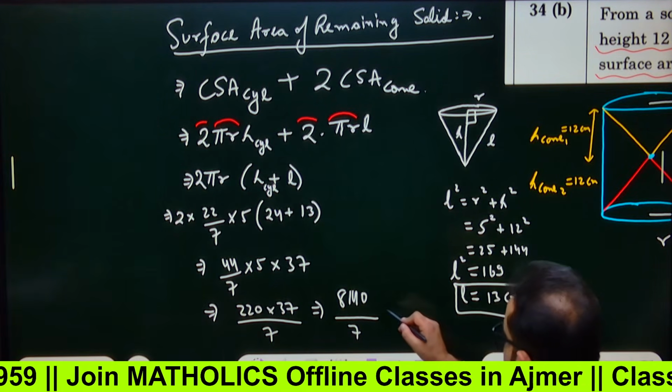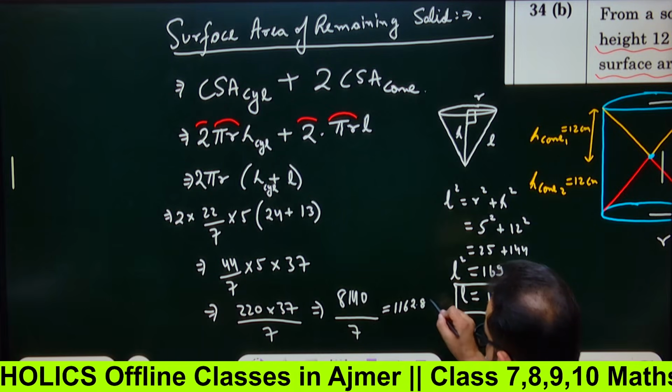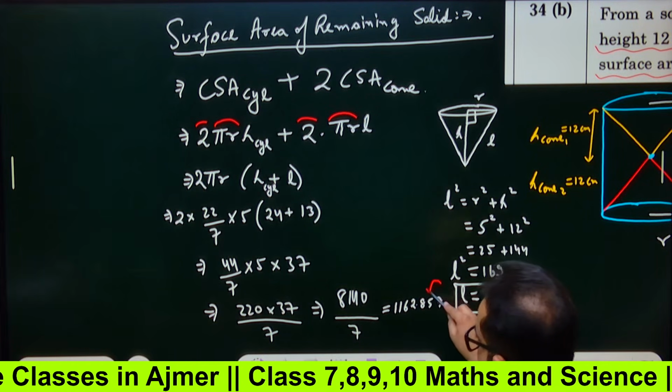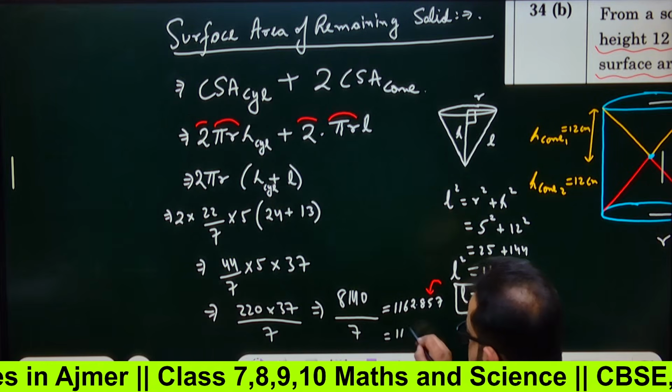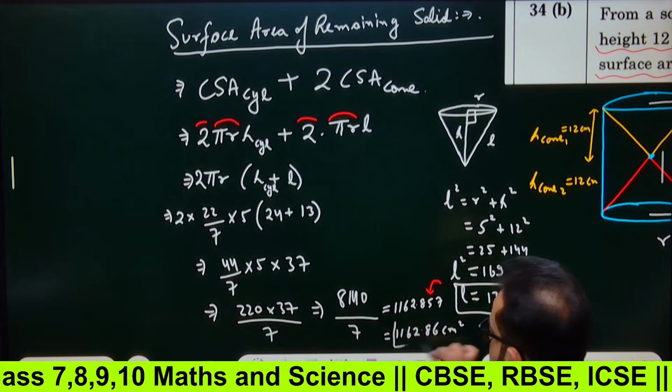It will come out to be 1162.857. And when you round off, it will become 1162.86 centimeter square. This is the answer.